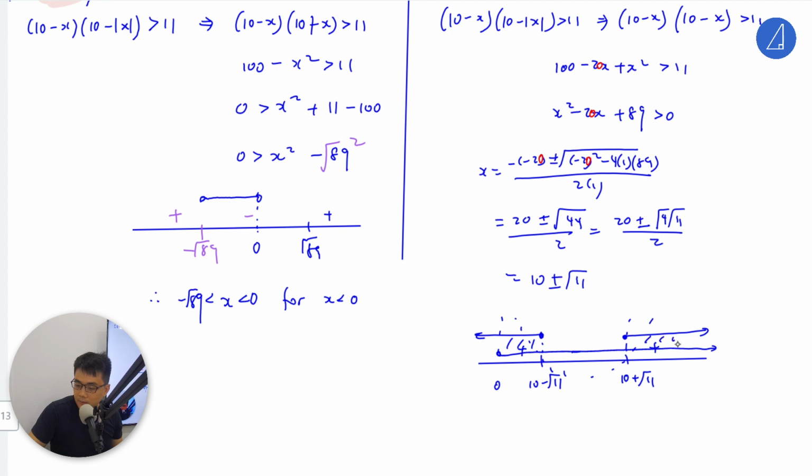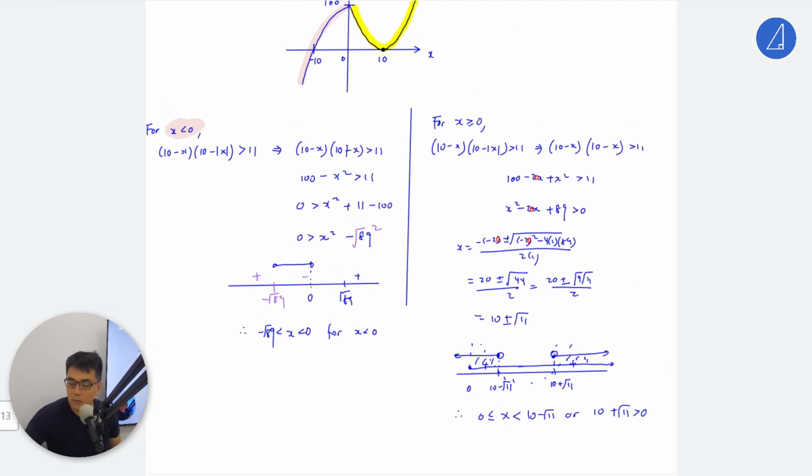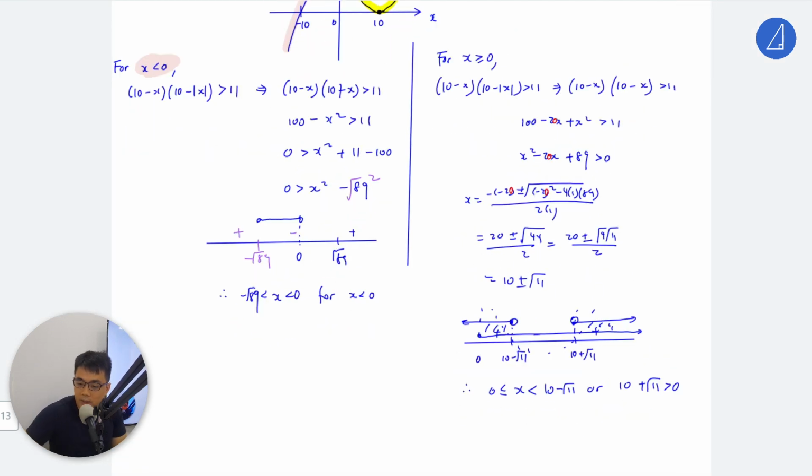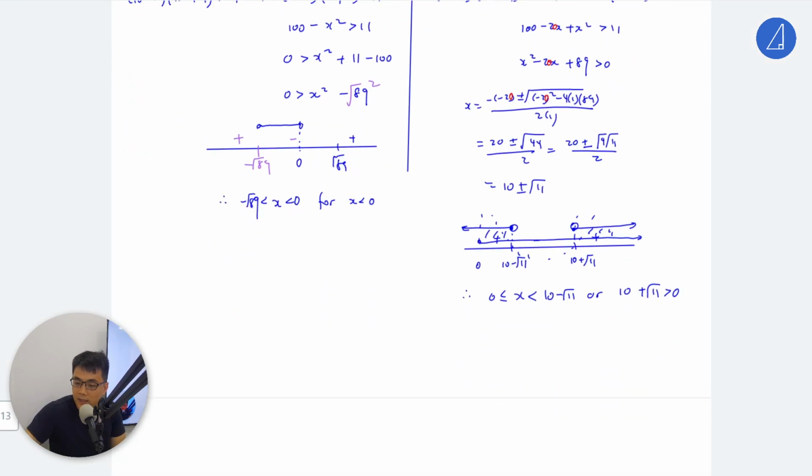So hence 0 between, not equals to. Okay. Combine both this or this one. So you combine this result and this result together.